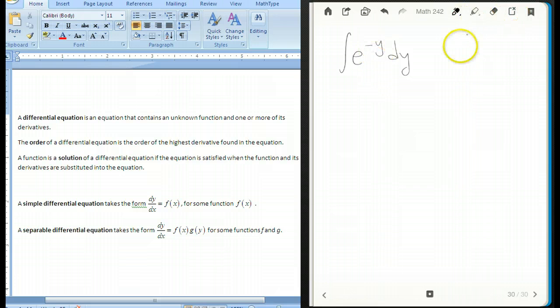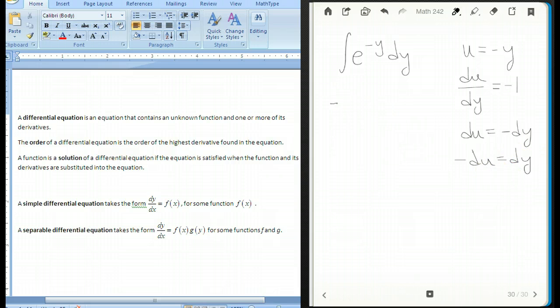This one would be beneficial to use a u substitution because there's something that we don't like up in the exponent. So let's let u equal negative y. Then du dy is equal to negative 1. So what do I get? I get du equals negative dy, or dy equals negative du, right?